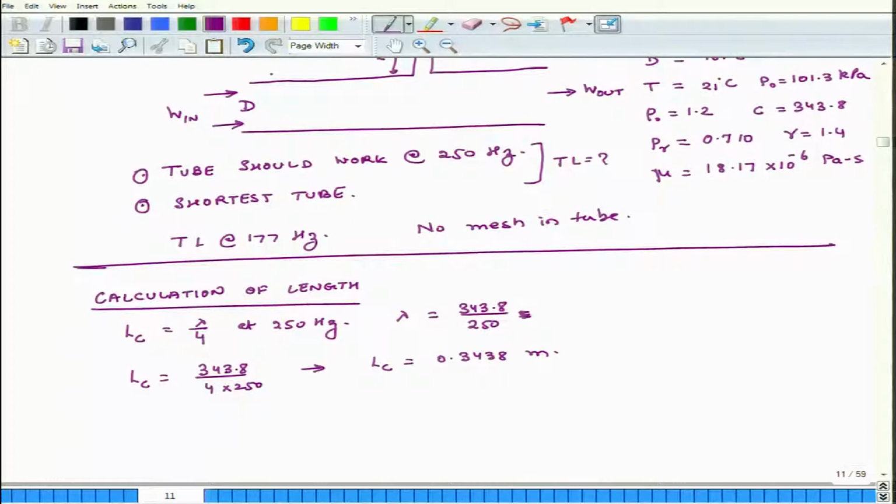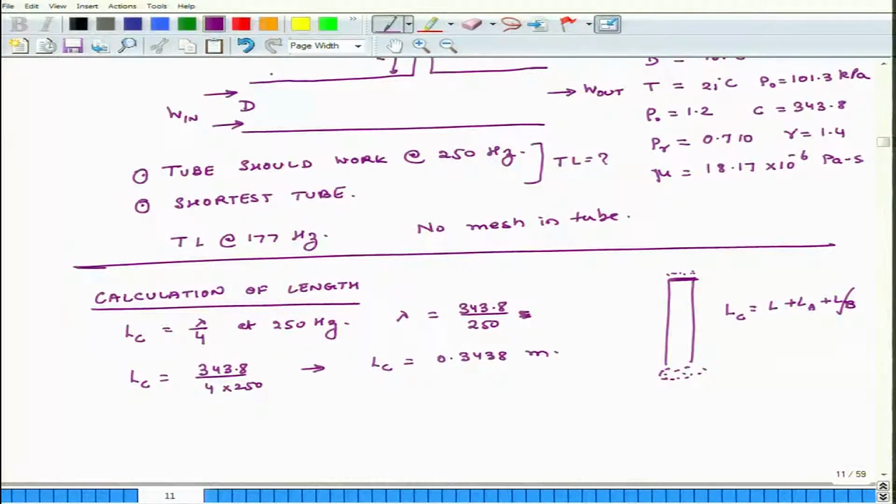Now, remember this is LC, but our tube is like this. This is a closed end. We had said that LC equals L plus LA plus LB. Because there is a closed end here, the effect of mass on the other side is 0, so I can ignore LB. But there is some additional mass here which also adds to the length of the tube, so I have to compute LA.